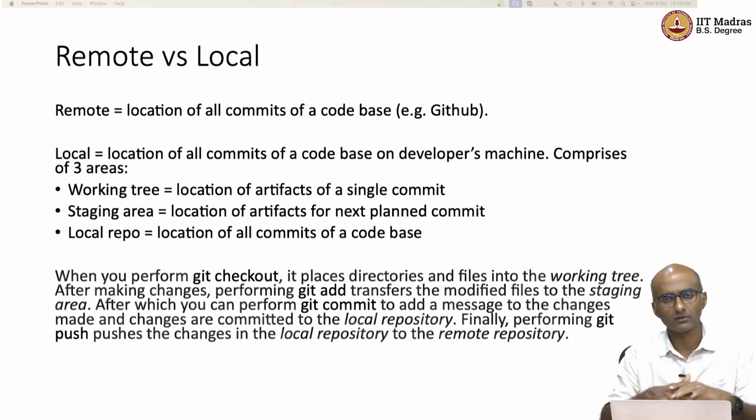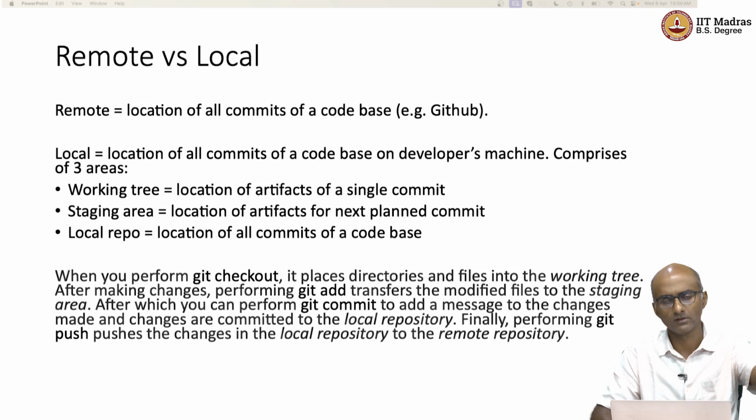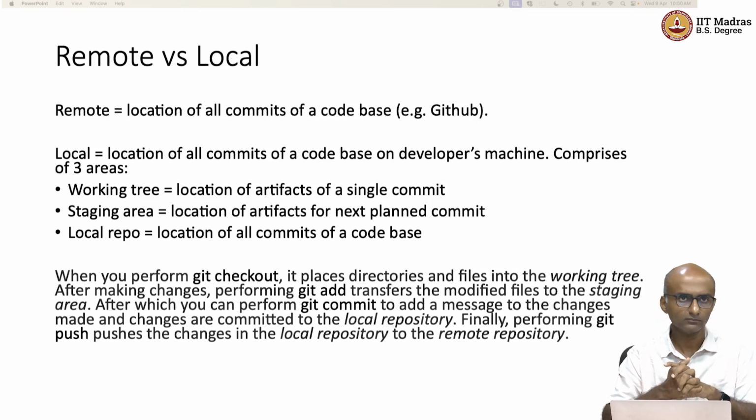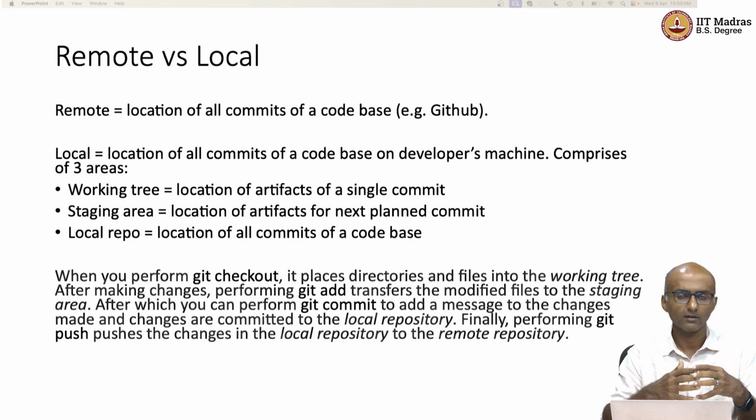You could have a remote code repository system within an organization as well, by the way, which is not facing the public internet, but it's on the local company LAN, right? So the company LAN allows you to access it as though it's a URI that's accessible to you. Whereas in local, what happens is that it's a location of all the commits that happen on that code base on a particular developer's machine, right?